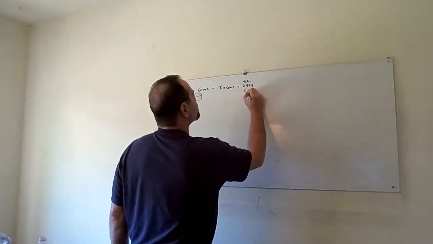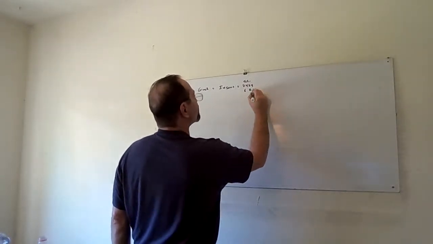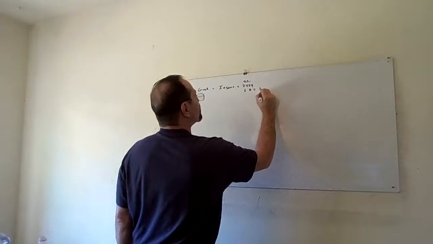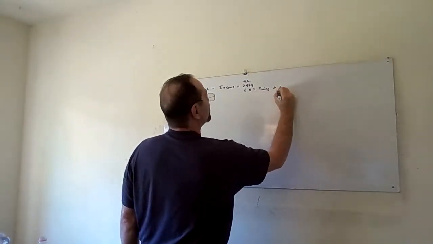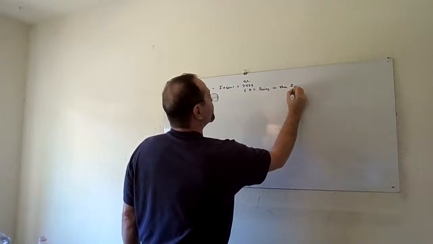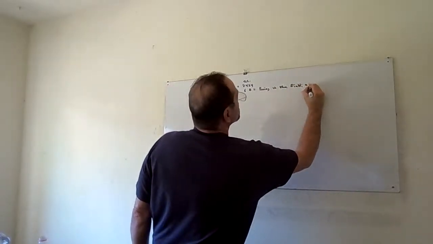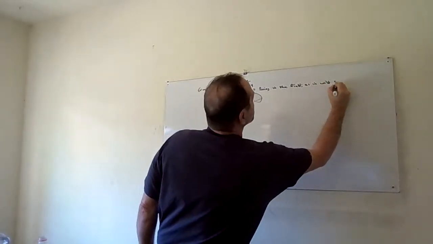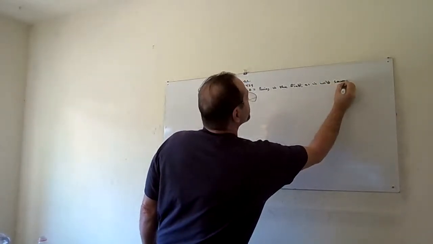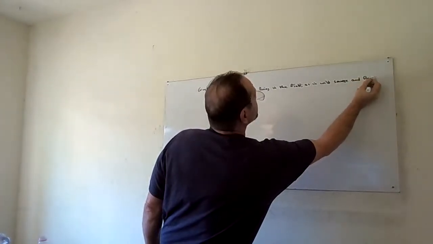This breaks down to 2 plus 4, and 2 plus 4 is 6, 6, which equals living in the fields, as in wild, savage, and fierce.